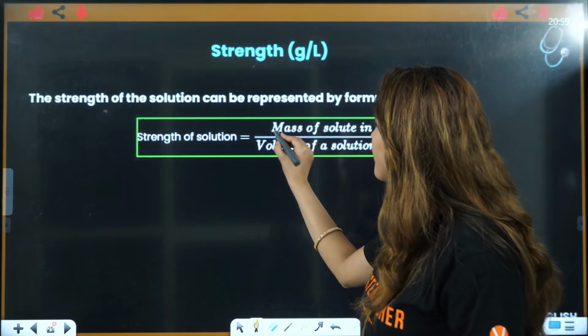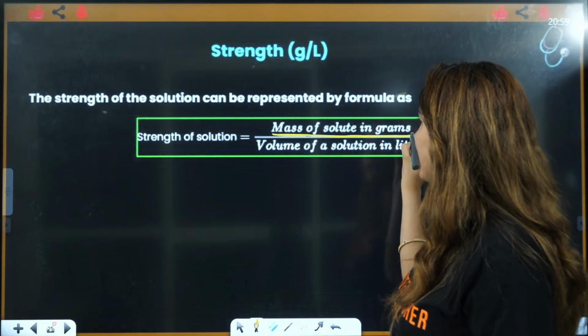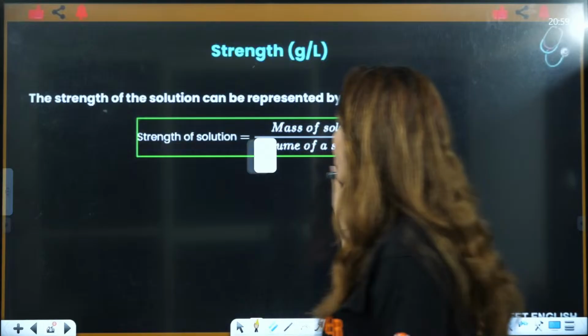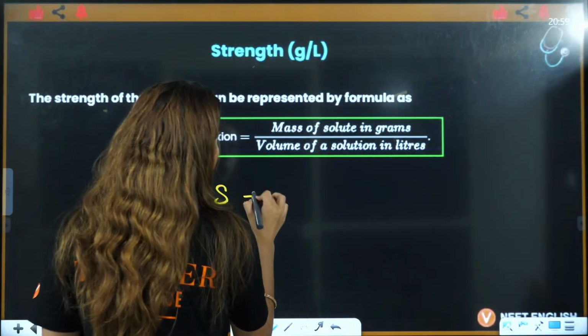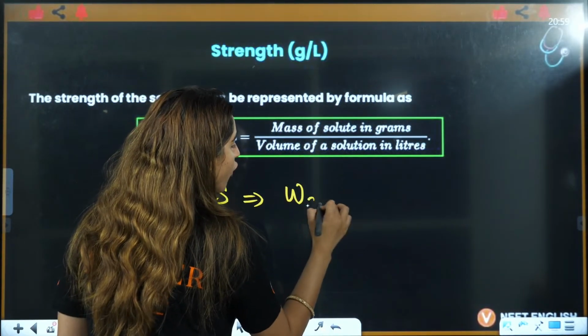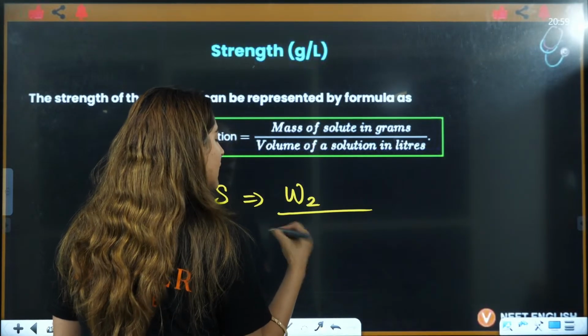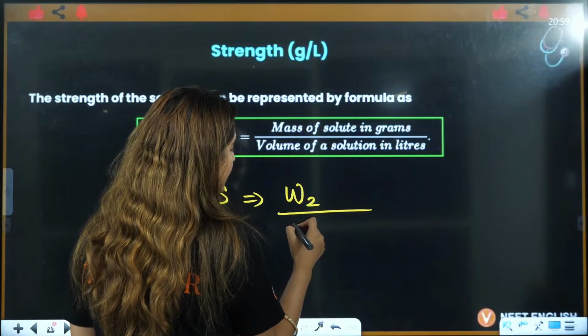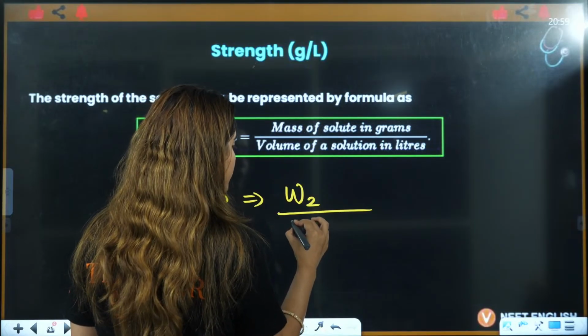This is weight or mass of solute in grams divided by volume of solution in liters. That's it. So strength is equal to weight of solute divided by the volume of solution, directly, you don't have to write the molar mass.